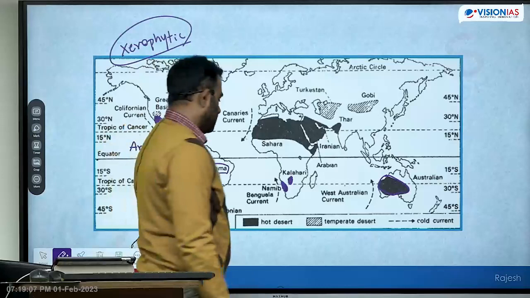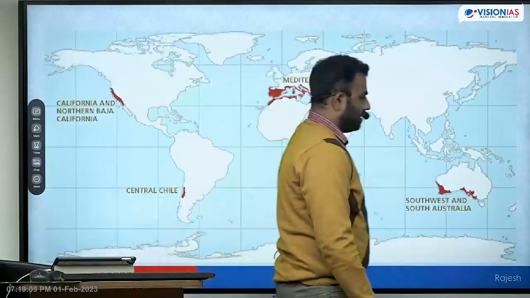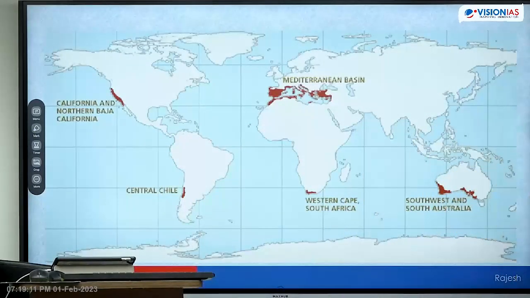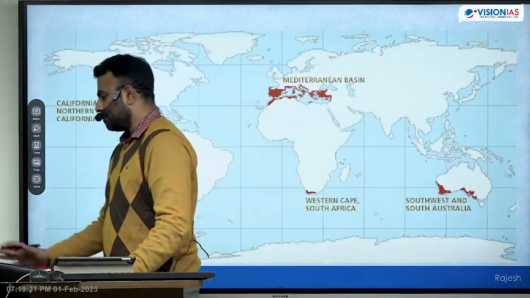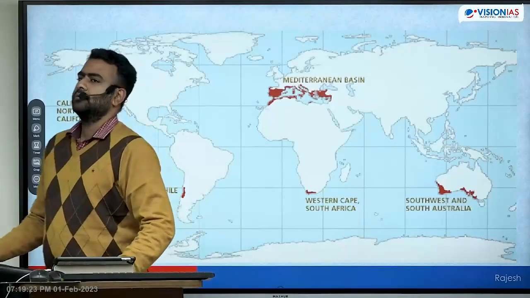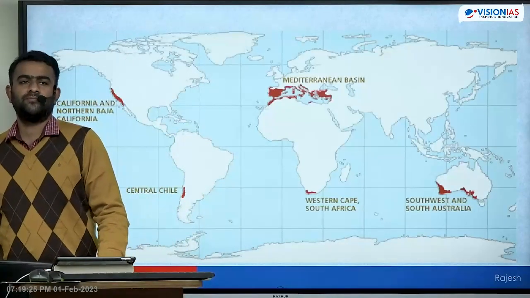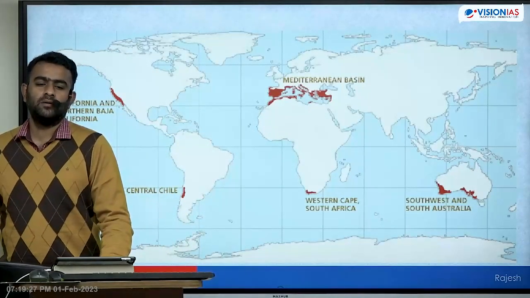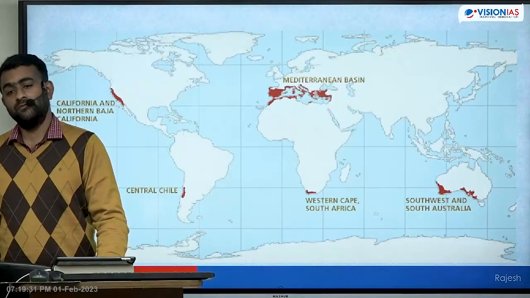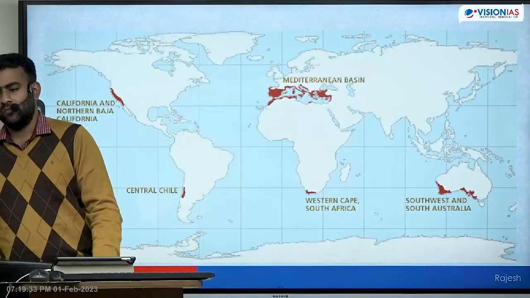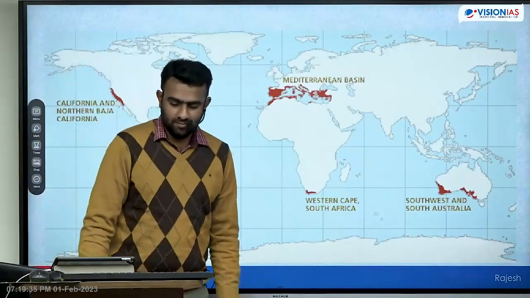So next one, Mediterranean type of climate. It is also known as warm temperate western margin.